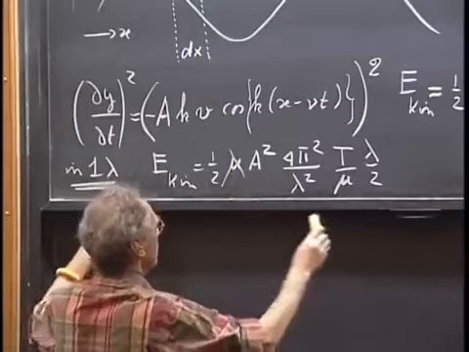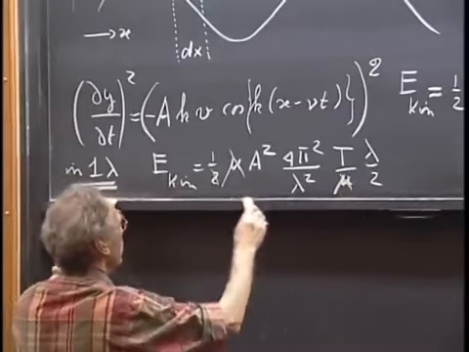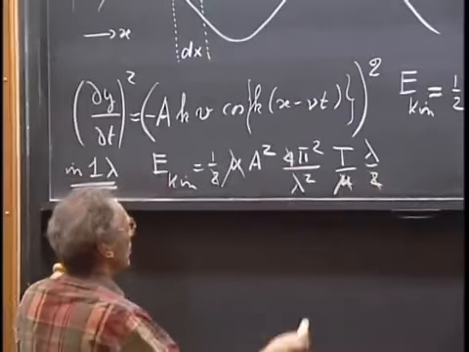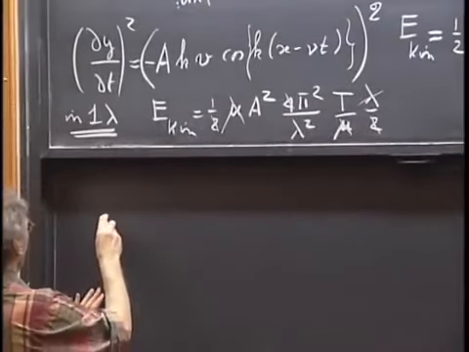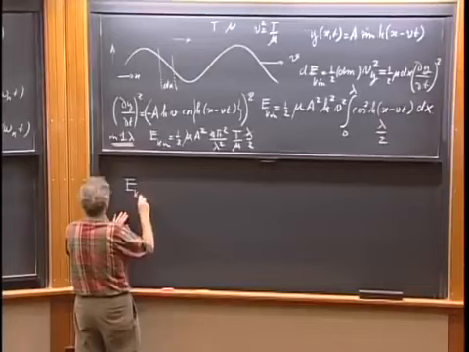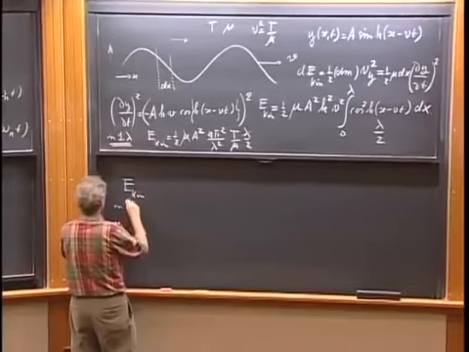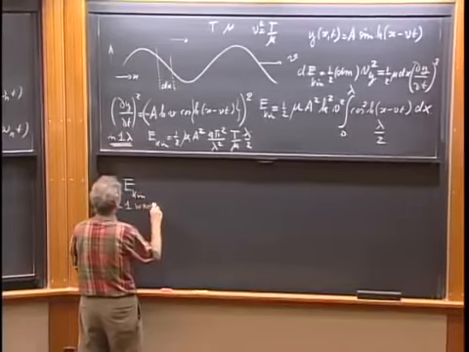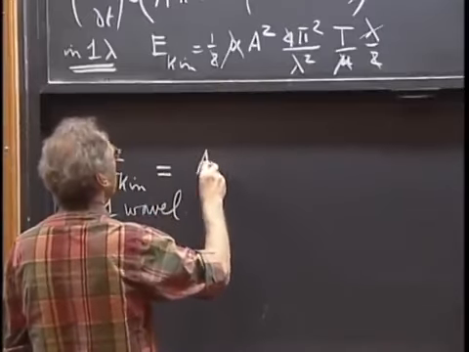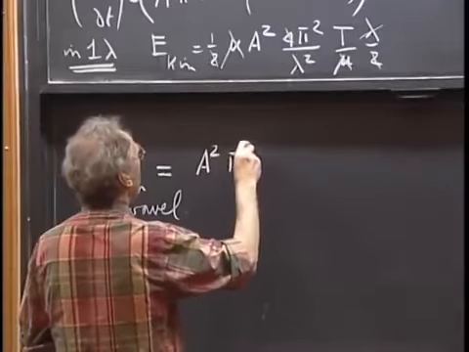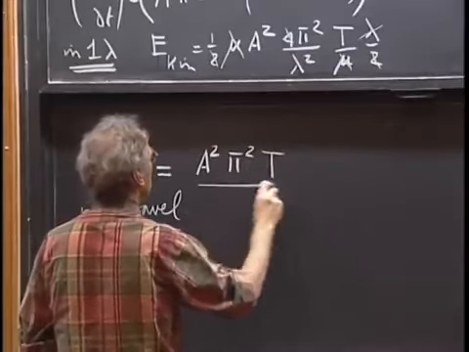Well, this mu kills this mu, this 2 kills this 4 and this 2, and one lambda kills one lambda here. So now I have the final result that E kinetic in one wavelength equals A squared times pi squared times T divided by lambda.